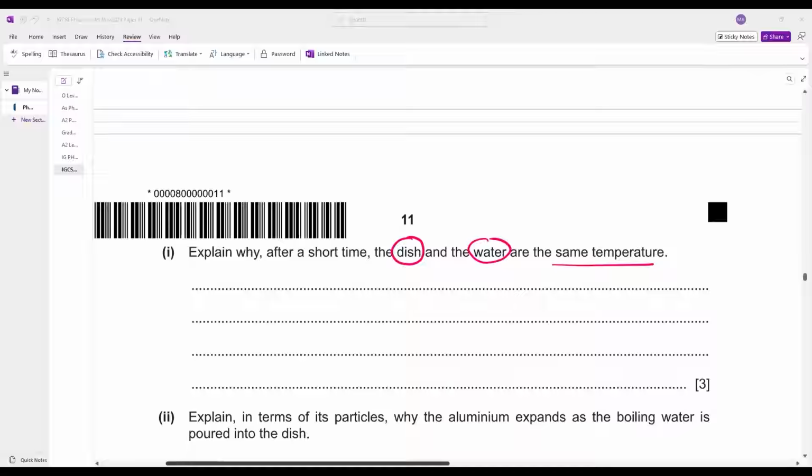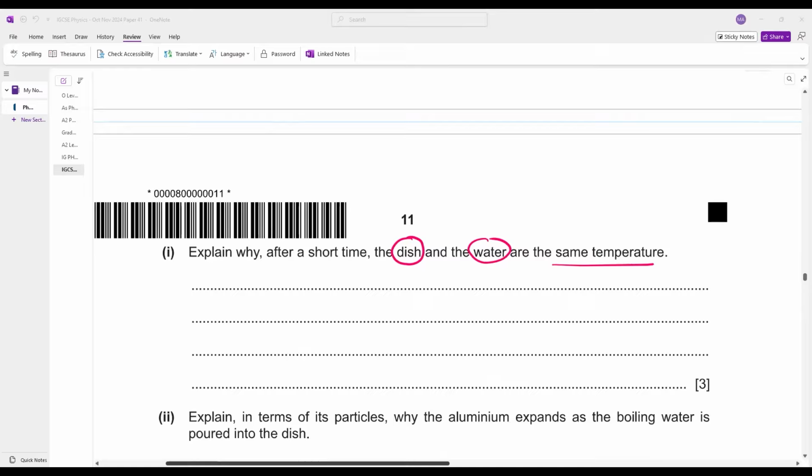आप क्या कहोगे? The energy flows from higher temperature to lower temperature. Water loses heat and the dish of aluminum gains heat. है ना? ऐसे ही होगा.